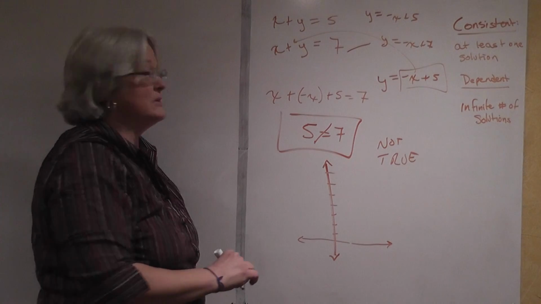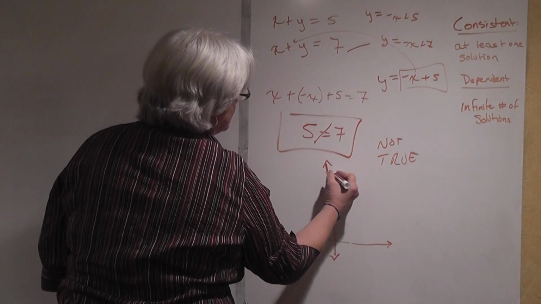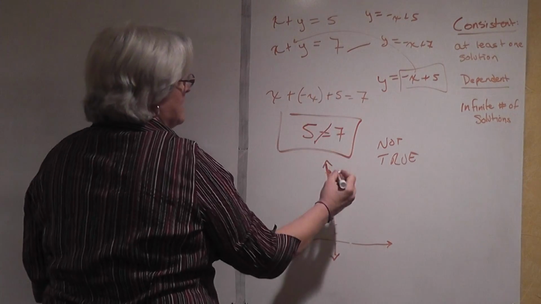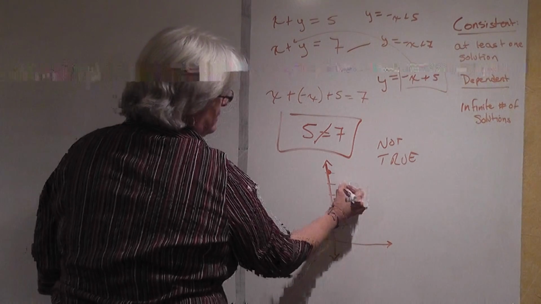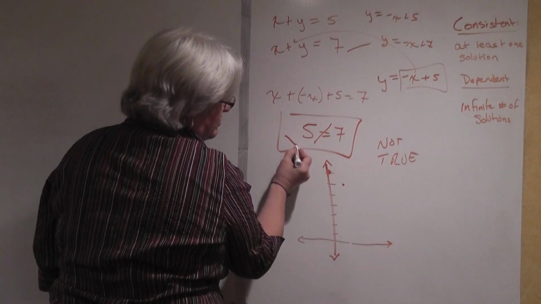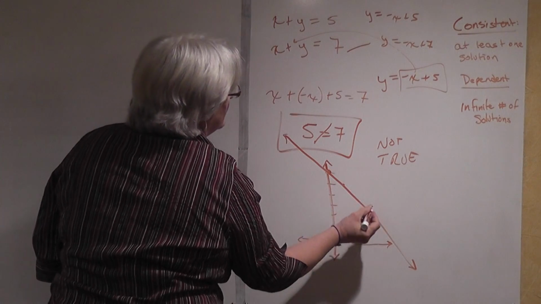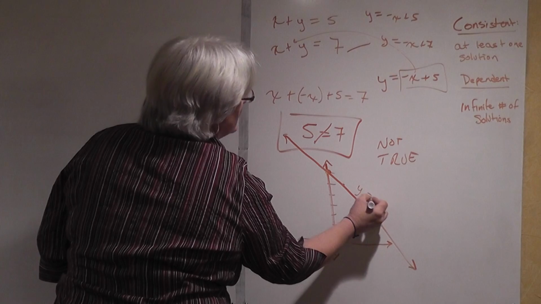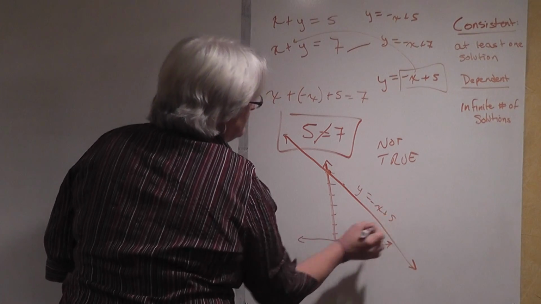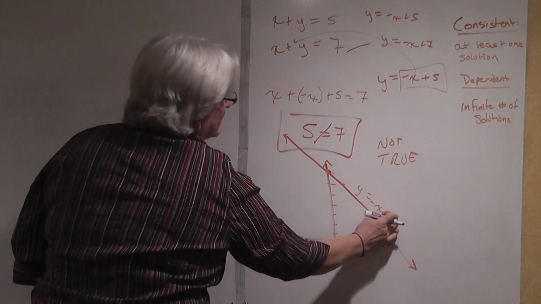The y-intercept is 7. The slope is a negative 1, dot, dot. And this is approximately the graph of the line y is equal to negative x plus 7.